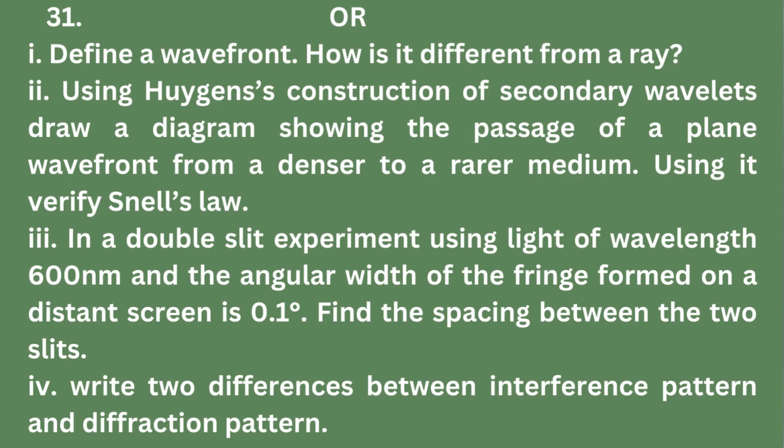Third, in a double slit experiment using light of wavelength 600 nanometer and the angular width of the fringe formed on a distant screen is 0.1 degree, find the spacing between the two slits. Fourth, write two differences between interference pattern and diffraction pattern.